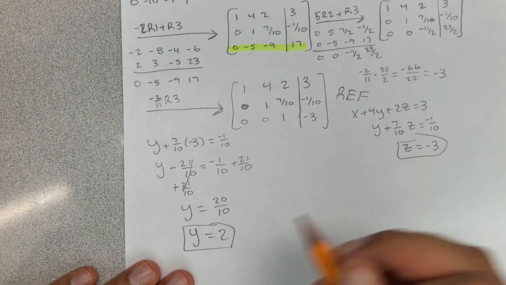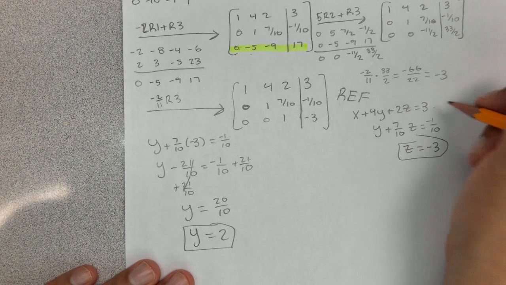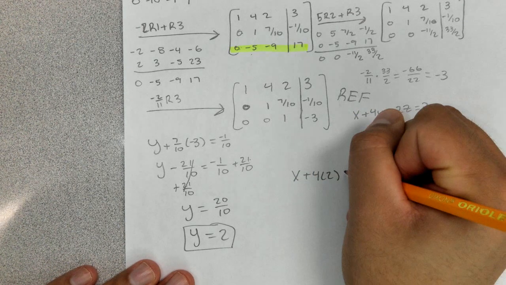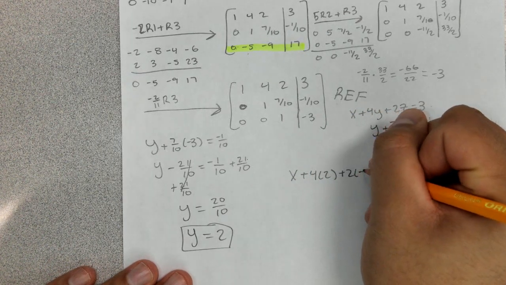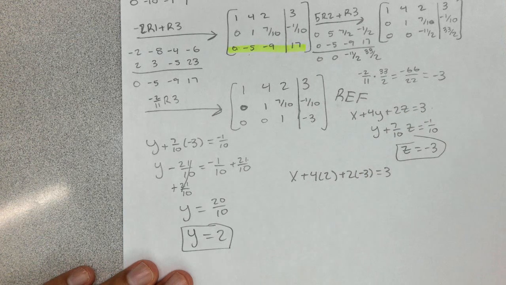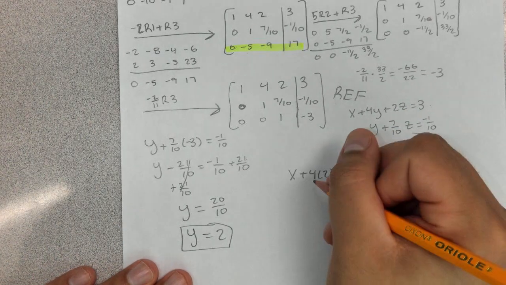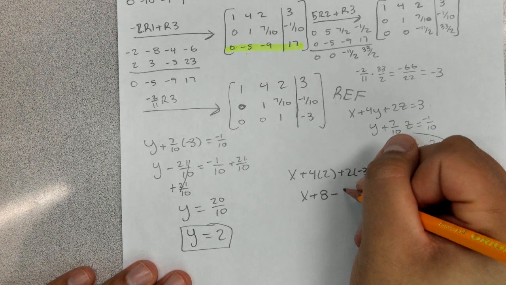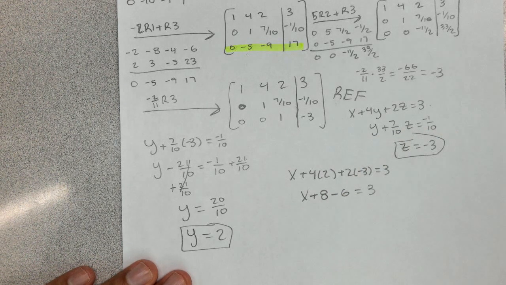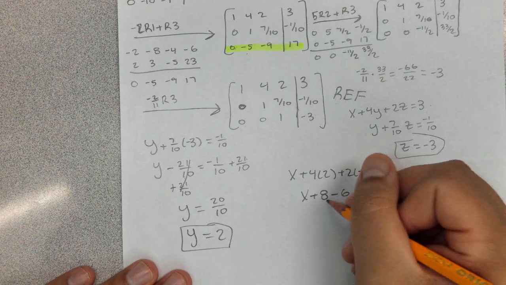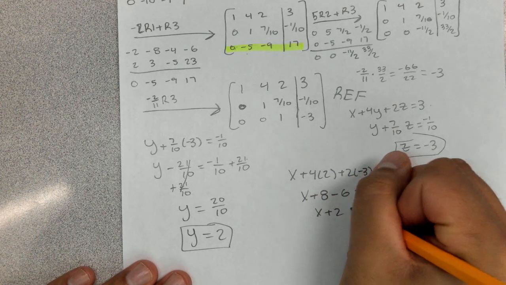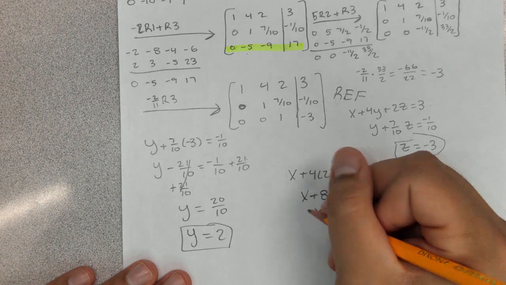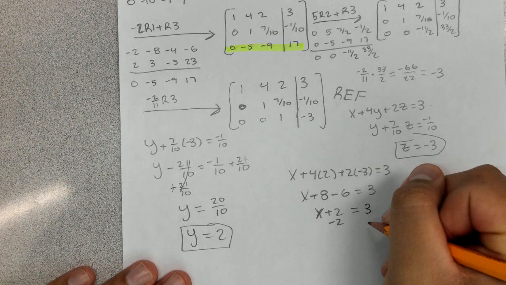Alright, so we have z, we have y. Now let's use that with the first equation to find x. So x plus 4 times 2 plus 2 times negative 3 equals 3. Alright, 4 times 2, we know that's 8. 2 times negative 3, that's negative 6. 8 minus 6 is positive 2. Alright, so x plus 2 equals 3.